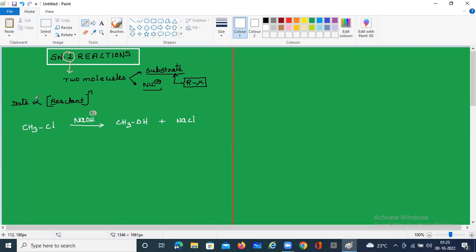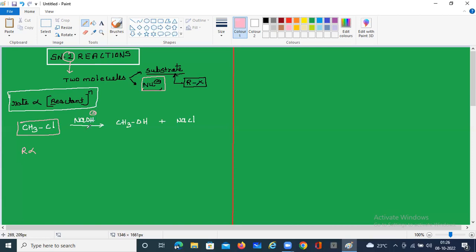So if we apply this rate to this example, then how can you write the rate R? The rate R is directly proportional to, as I said, the SN2 reaction mainly depends on what? The two molecules, which are what? One is the substrate and the other a nucleophile.